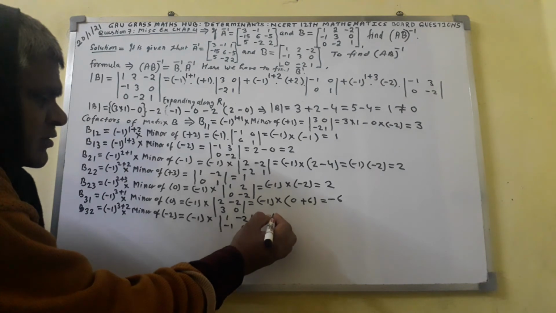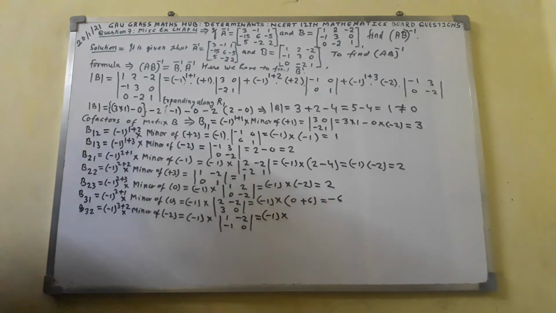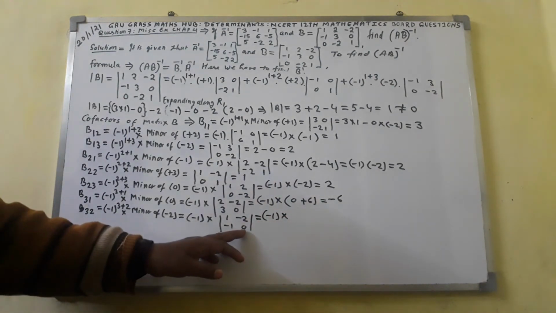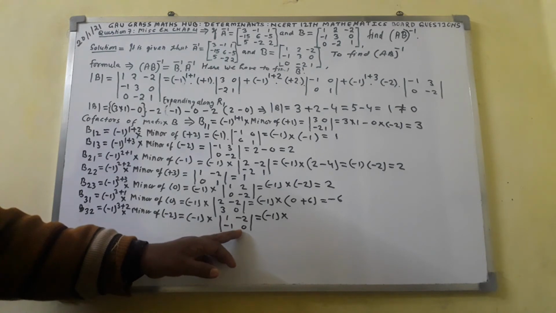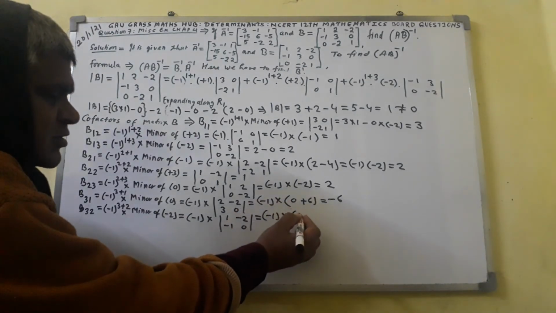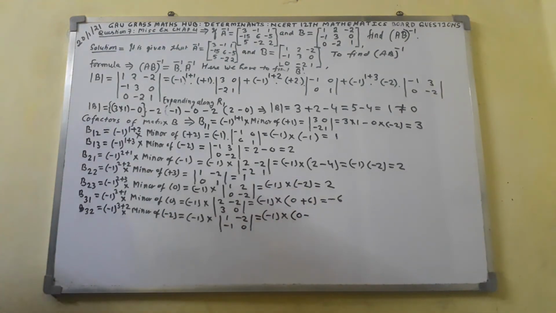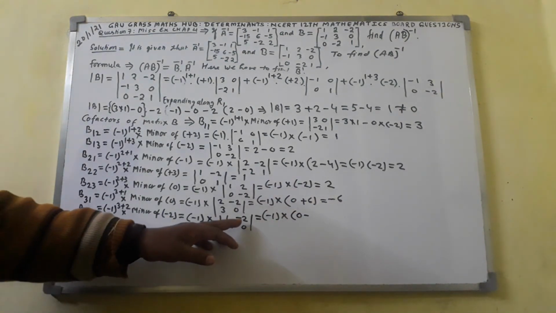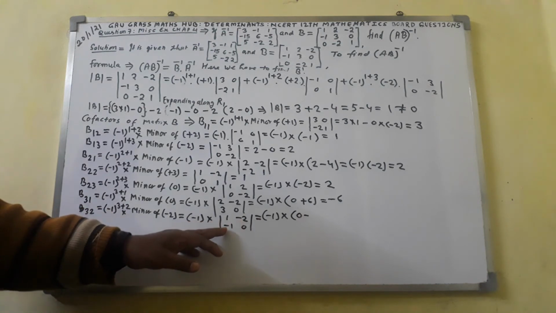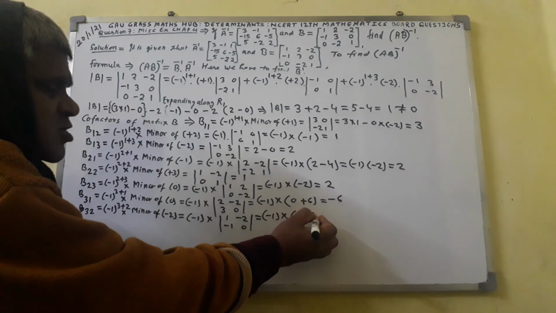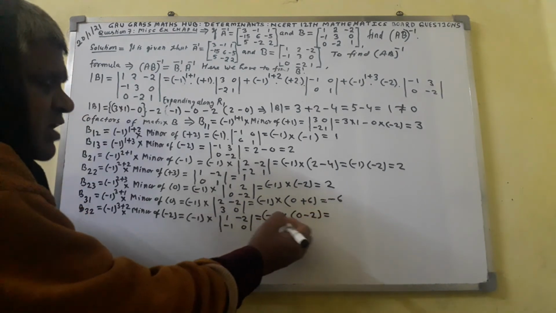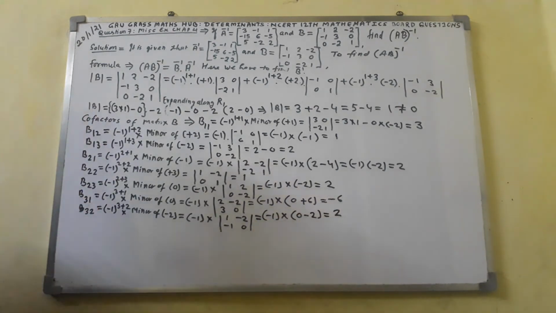Minus 1 multiply 2. Elements of principal diagonal 0 and 1 will multiply together. You will get here 0. Minus, and minus 2 will multiply to minus 1, comes out to 2. So you will get here minus 2. Minus 2 comes out to here 2. You got this one too.